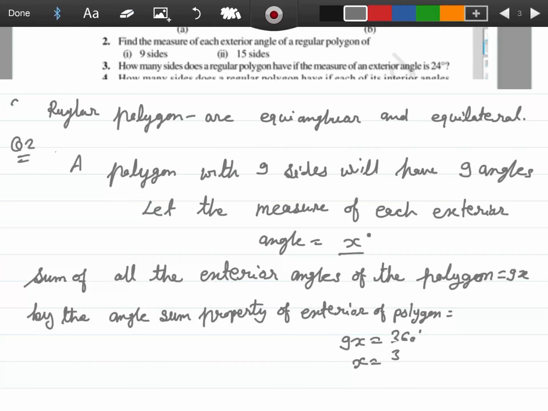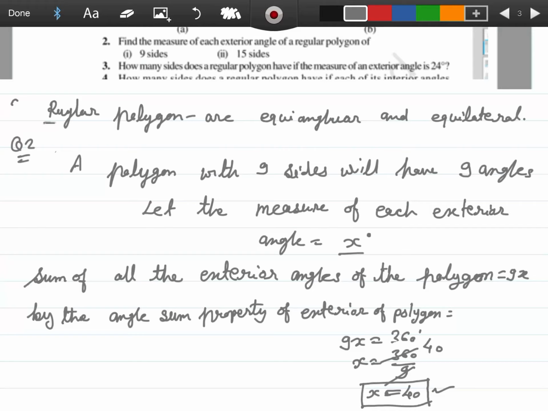So x is equal to 360 degrees divided by 9. 9 ones are 9, 9 fours are 36, x is equal to 40 degrees. So in this way we have found the measure of the exterior angle.